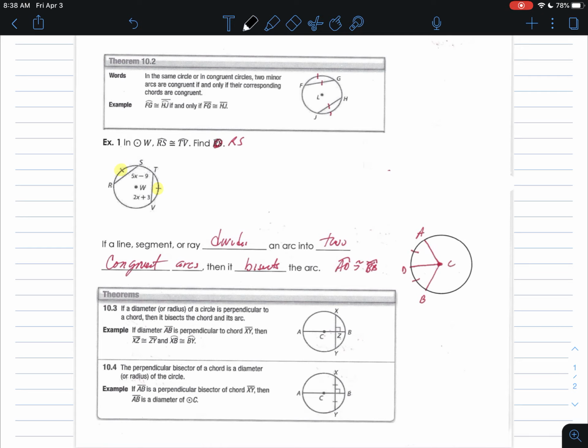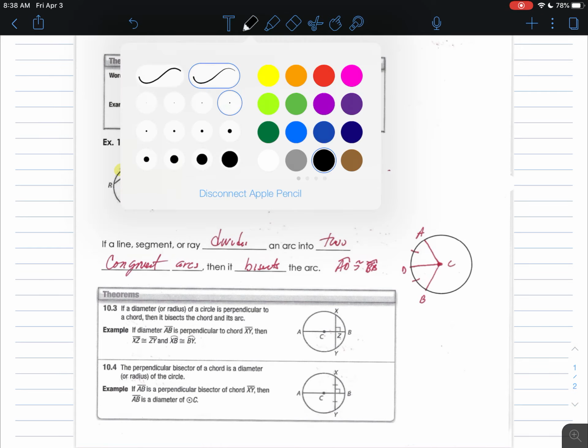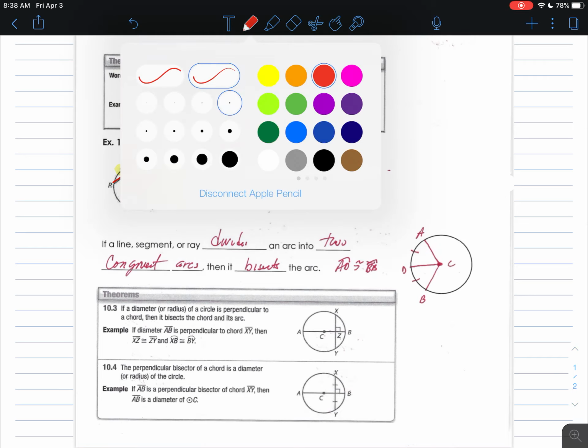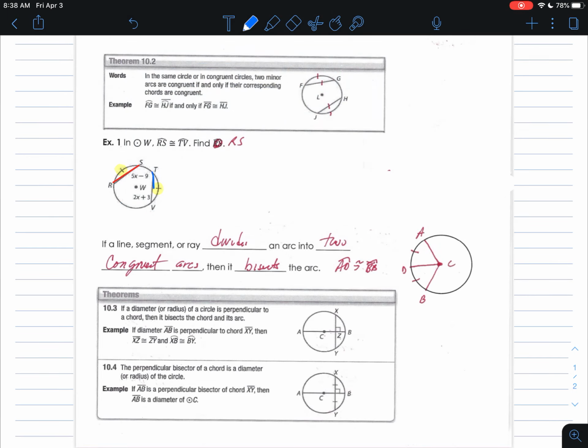So in saying that, we know that these two chords are congruent. And from there, that means that we just set them equal to each other.